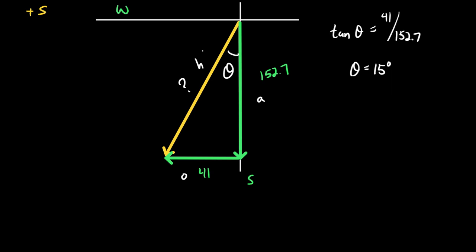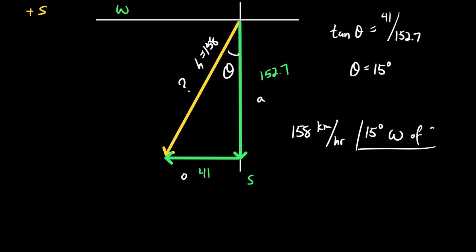I get 158 for my plane speed. Not done until we frame it correctly. 158 kilometers per hour at an angle of 15 degrees west of south. Start from the south, turn towards the west, 15 degrees.